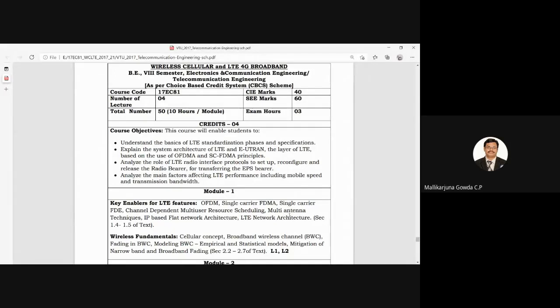The next one is multi-antenna techniques. The moment I say multi-antenna techniques, it should come to your mind that it is MIMO techniques, multiple input, multiple output. These are some of the key enabling technologies which we discuss in brief in module 1, about the advantages: how each technology adds value to the 4G network, in what way it is better, and how it could enhance the performance of the network.